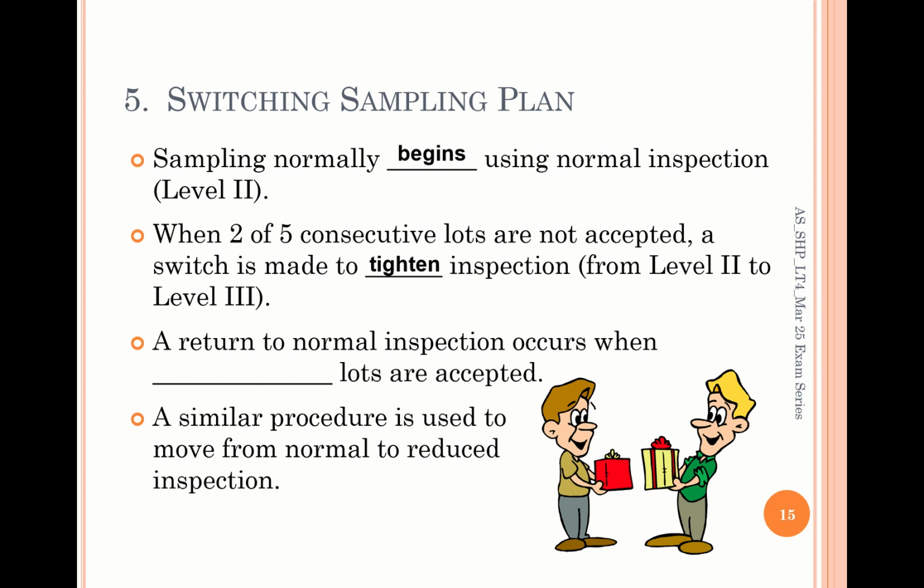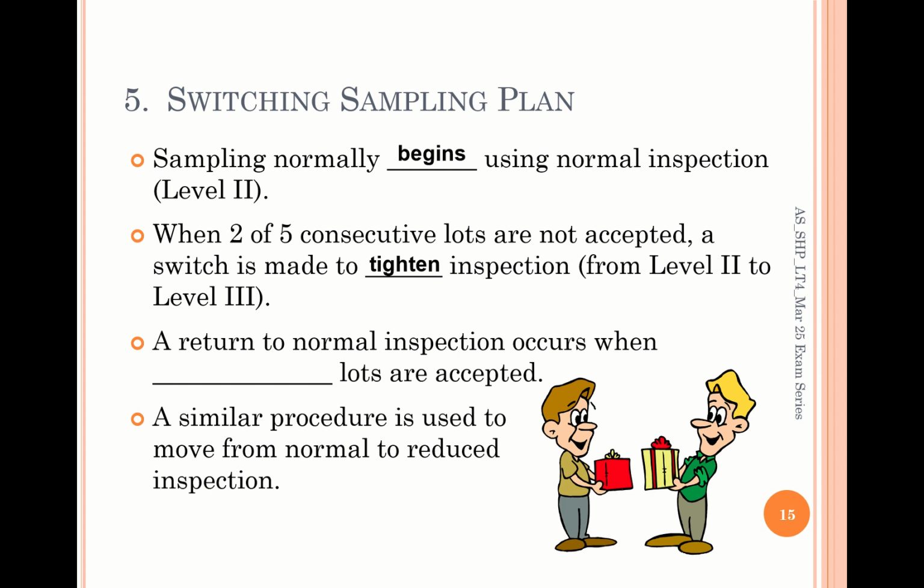Why is this so? Firstly, level 3, if you remember, is for more expensive items, right? So you have to treat your process when you produce this product as level 3. That means it's more expensive, so you tend to be more careful when you produce this product. When you are more careful, you make fewer errors and you can produce better products.